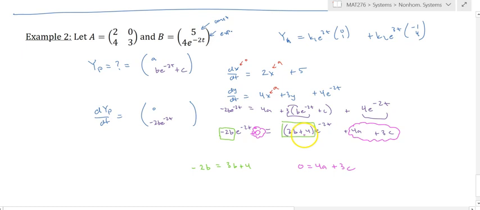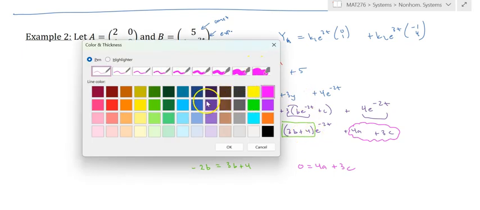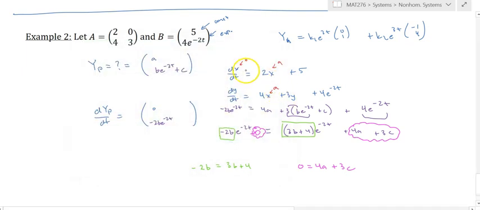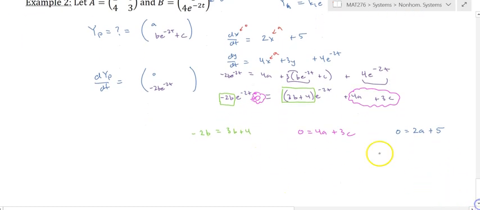And then finally, for my really first equation that I should have written down, that's going to be that 0 equals 2a plus 5. So from this top equation, there's only one unknown, but because down here I have more unknowns, you see we get a couple more equations out of this.